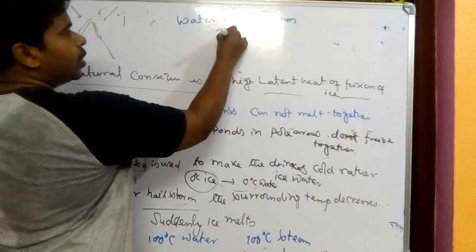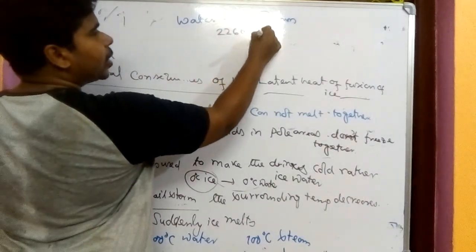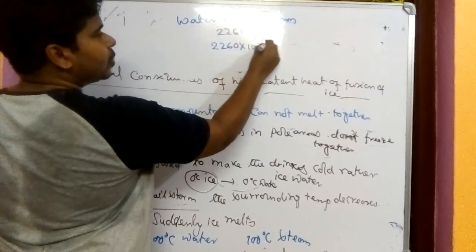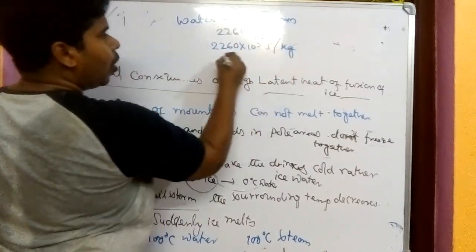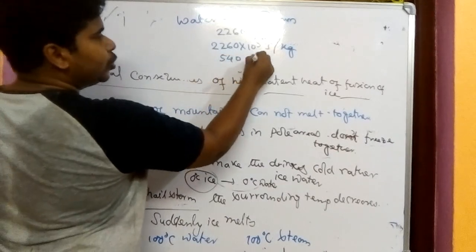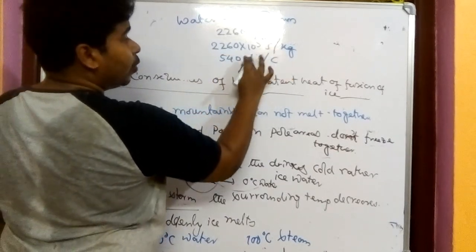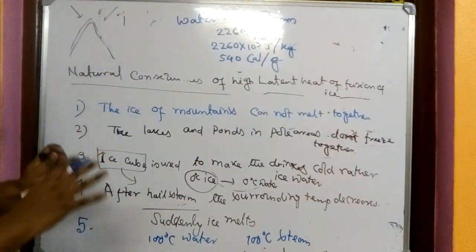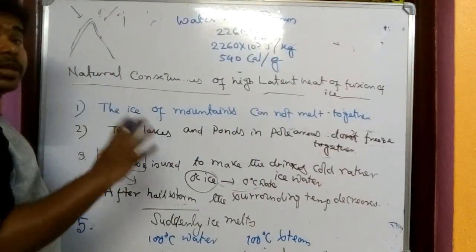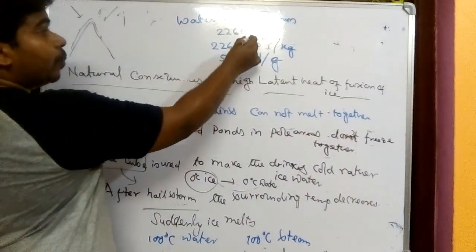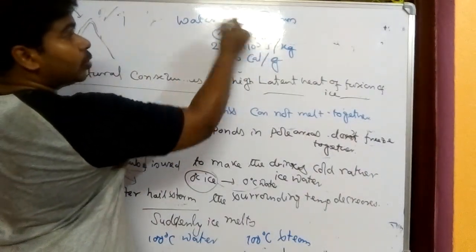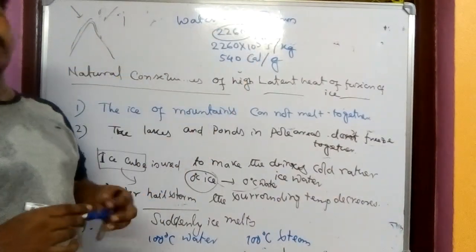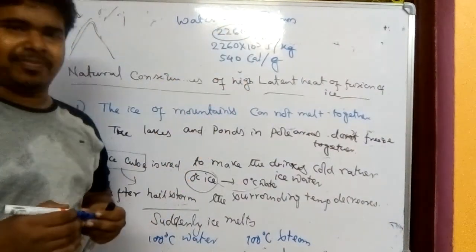How much? 2260 joule per gram, or 2260 into 10 to the power 3 joule per kg, or 540 calorie per gram. This much extra heat energy you have to give per gram to the water to convert it into steam. So this extra heat energy is there in steam.